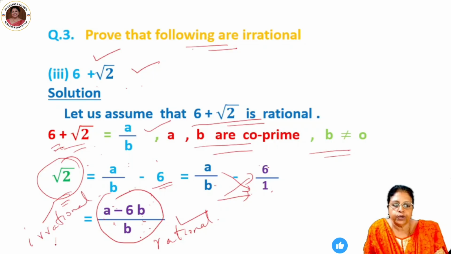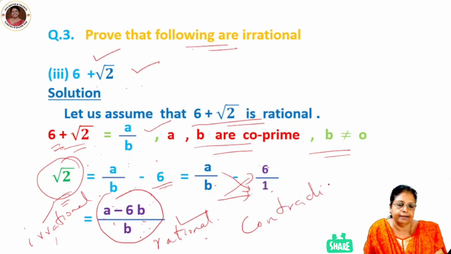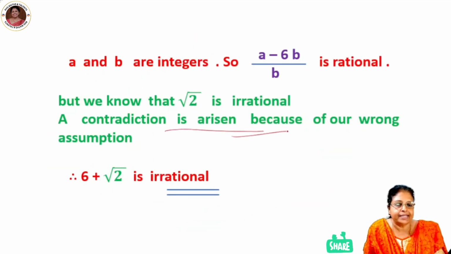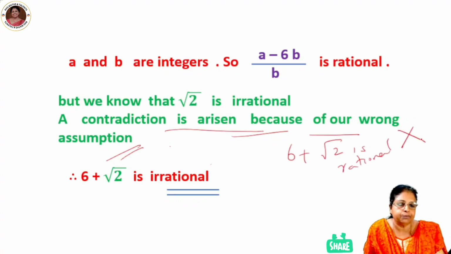So an irrational number is equal to a rational number. That means a contradiction arises here. The contradiction has arisen because of our wrong assumption. What was the assumption? 6 plus root 2 is rational. That was our wrong assumption. So we have proved that 6 plus root 2 is irrational.